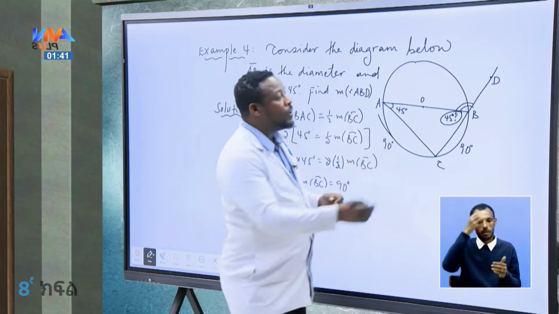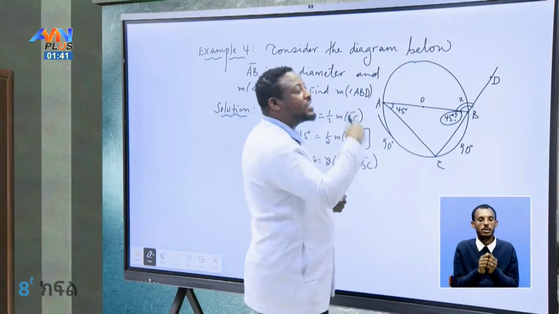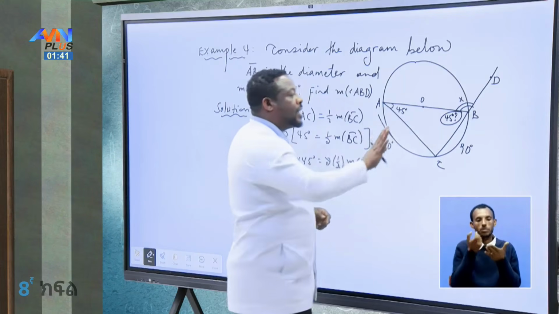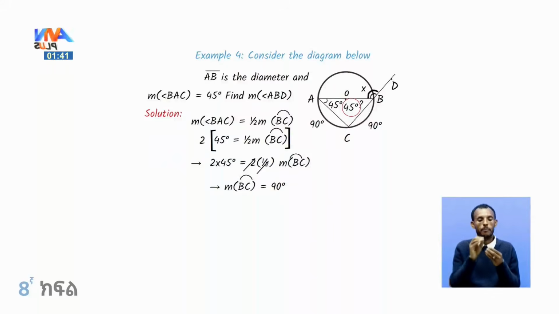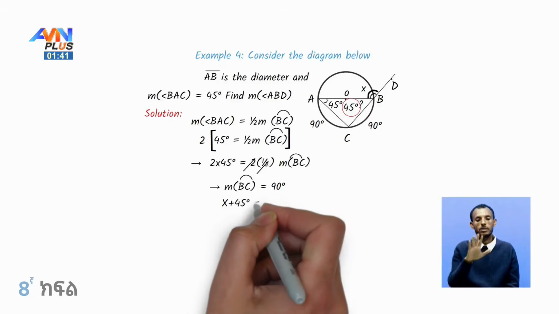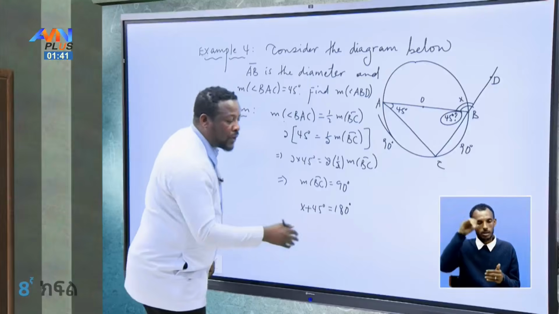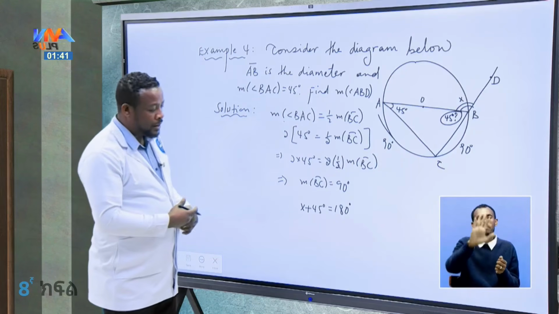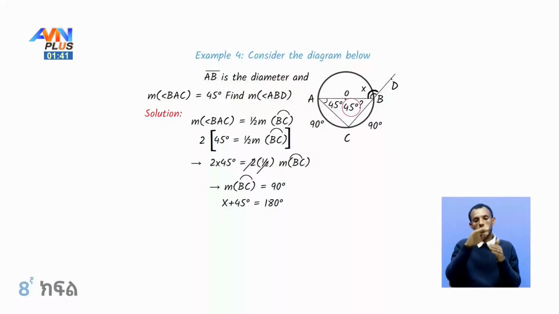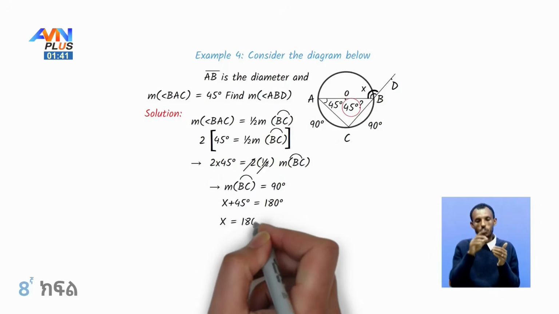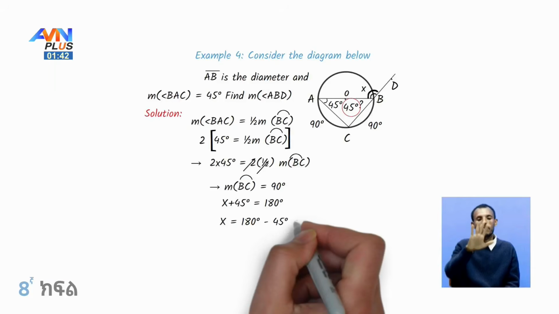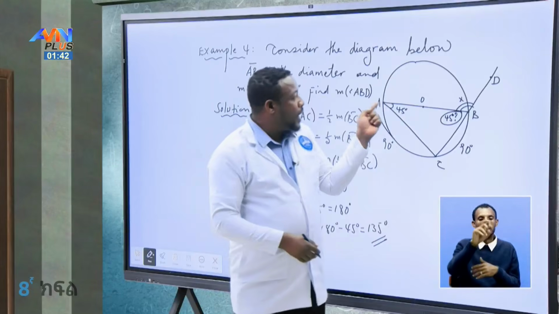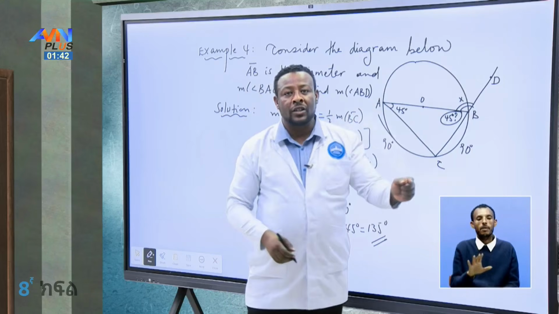Therefore, 45 together with, call it shortly X, rather than writing measure of angle ABD, I want to write X. X plus 45 degrees is 180 degrees. Subtracting 45 from both sides, X becomes 180 degrees minus 45, which is 135 degrees. The value of X, or measure of angle ABD, is 135.